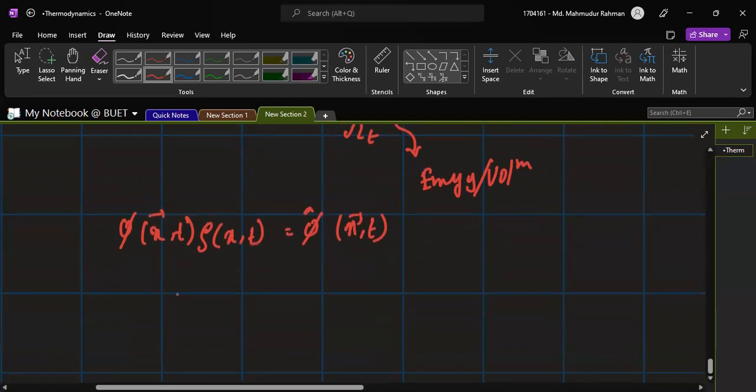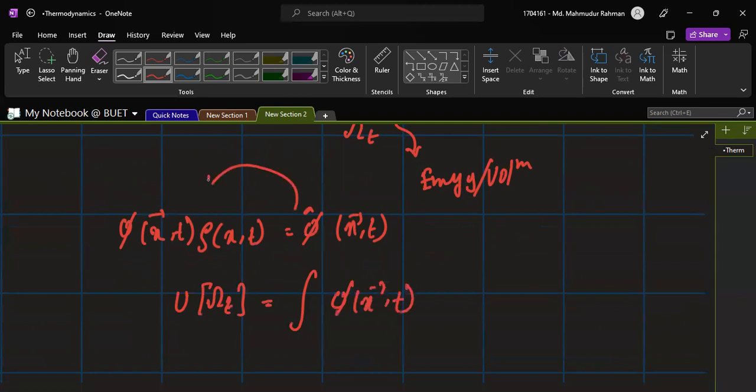So this U of omega t, the continuous integration of phi of x and t, we're going to replace phi hat by this expression. So here we have previously phi hat, which is going to be replaced by phi and rho of x comma t, which is integrated over dV of x over omega t.